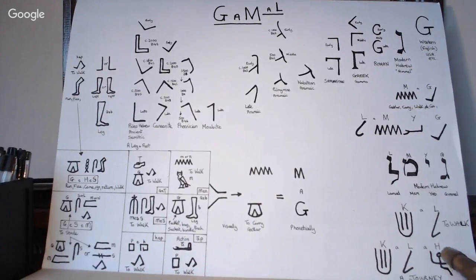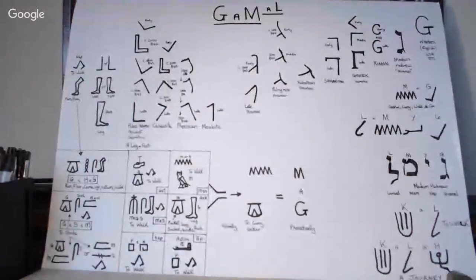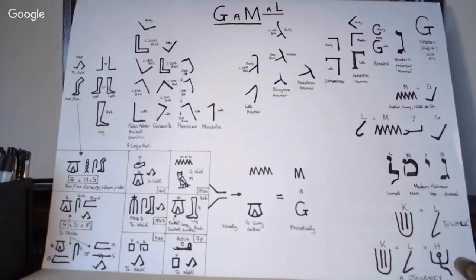Here's another one, which is halak, and that means a journey. At the beginning here you have the H symbol, which means to praise or worship, like under the guidance of who you hold, what governs your actions, what governs your head and your heart, what drives you.